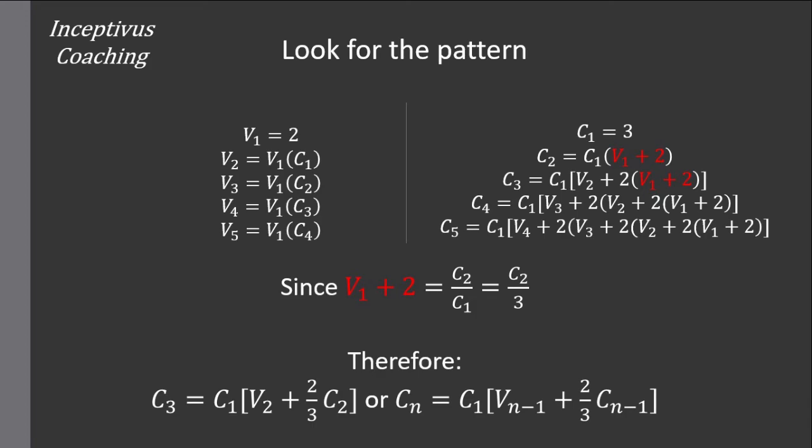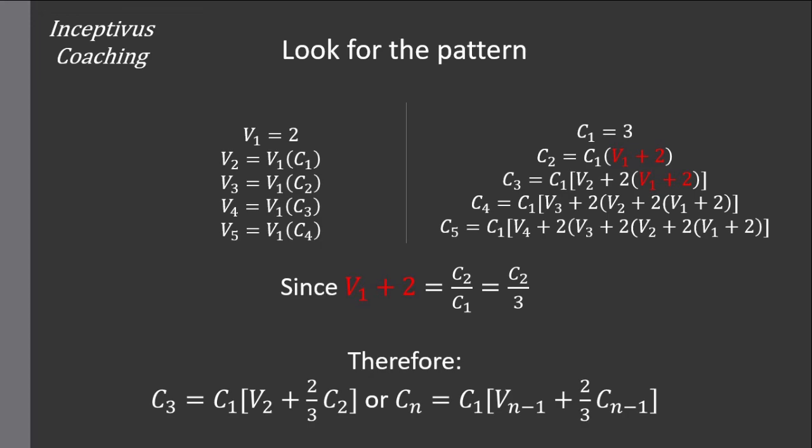So I start to see that there's a part from the previous Ci that always appears in the next Ci. For example, in C3, we see a part that's V1 plus 2, and that actually appears in C2. So that means I can replace V1 plus 2 with some expression of C2. I'm going to rearrange it: C2 divided by C1 is essentially equal to that part that appears in C3.